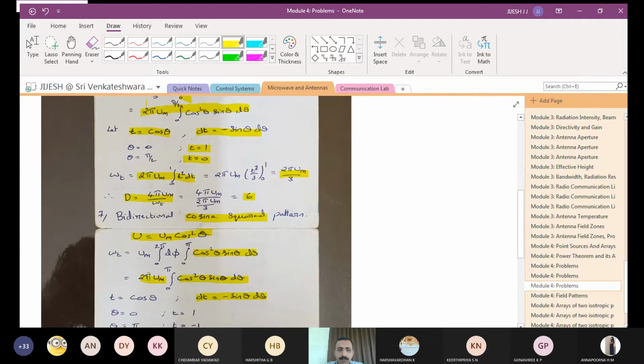For theta equal to 0, you will get t equal to 1, and for theta equal to pi, you will get t equal to minus 1. So you need to substitute the limits: 1 to minus 1 is the limits.